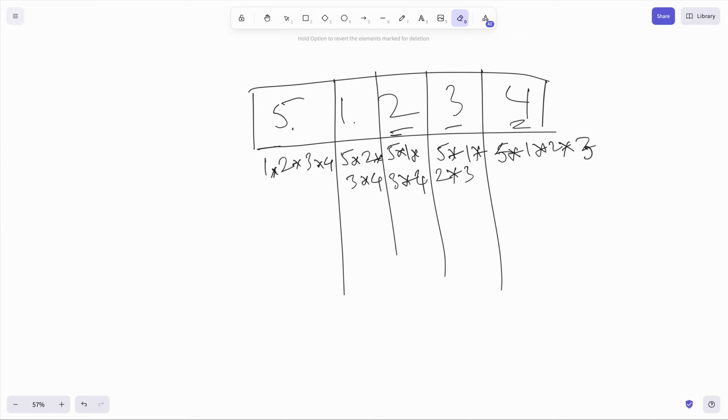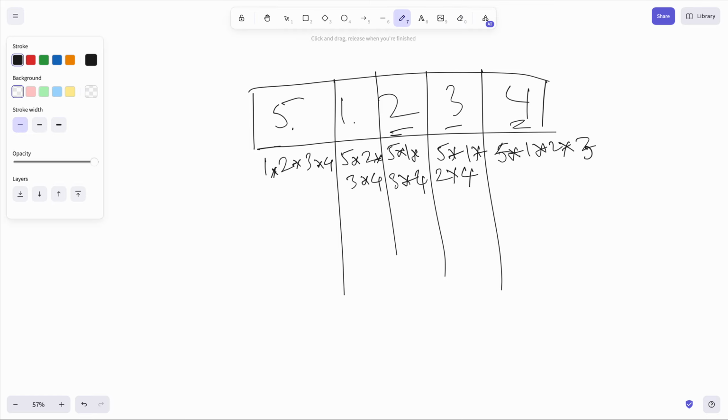Oh, sorry, I made a mistake. For the third one, it will not multiply 2, rather it will multiply with 4. So this will be the total value.